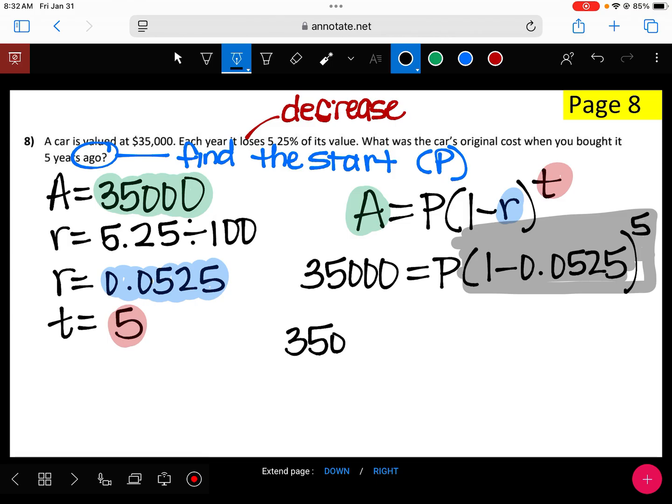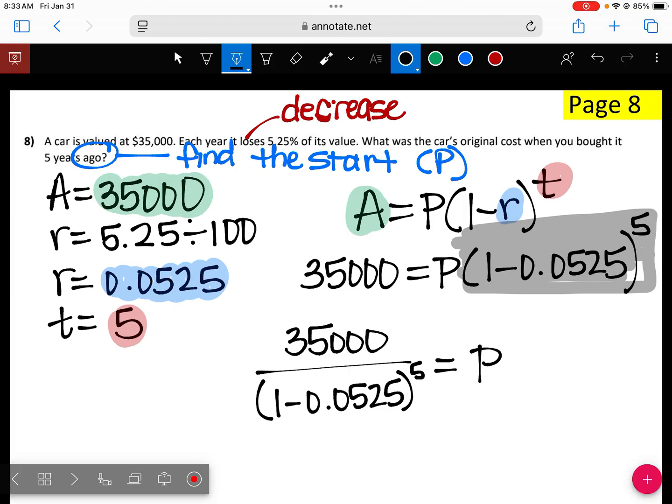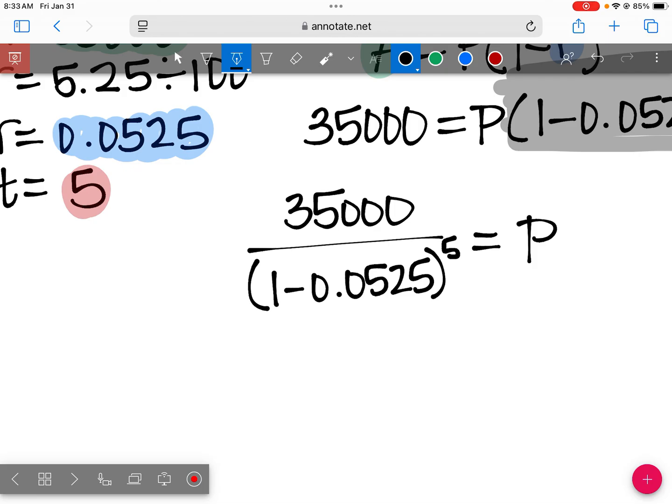So 35,000 divided by (1 minus 0.0525) to the power of 5. Go ahead, type that in. And that's going to tell you the starting value of the car when you bought it 5 years ago. It should be a number bigger than 35,000. This time we are talking about money, so decimals will be allowed.